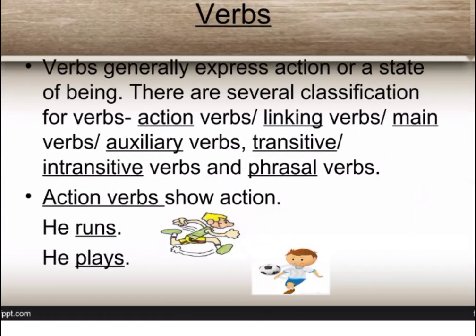Verbs. Verbs generally express action or a state of being. There are several classifications for verbs: action verbs, linking verbs, main verbs, auxiliary verbs, transitive and intransitive verbs, and phrasal verbs. Action verbs show action. He runs, he plays.